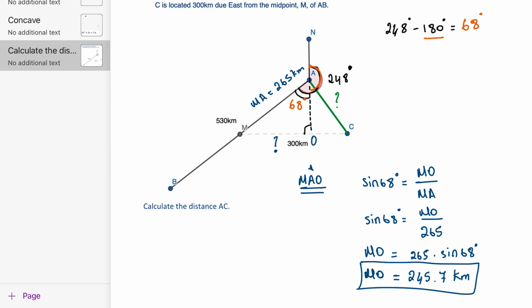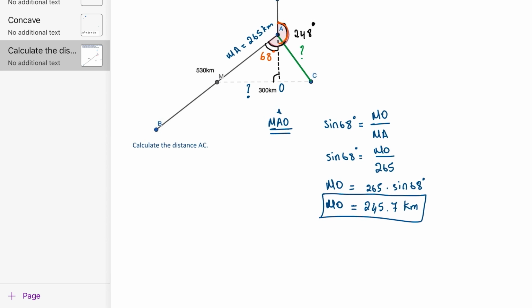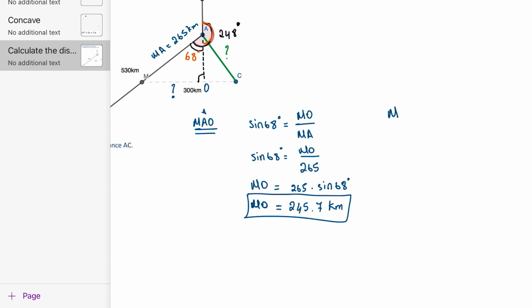Now, since we know that the distance MC is 300 kilometers, we can find the distance OC, which is 300 minus the distance MO, which is 245.7. And that will give me the distance OC, which is 54.3 kilometers.